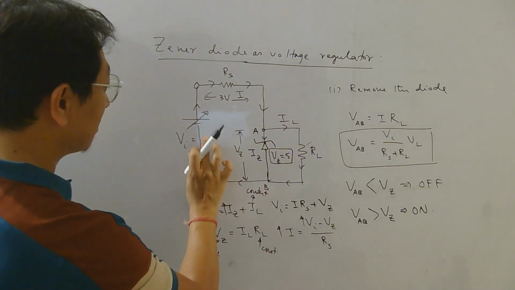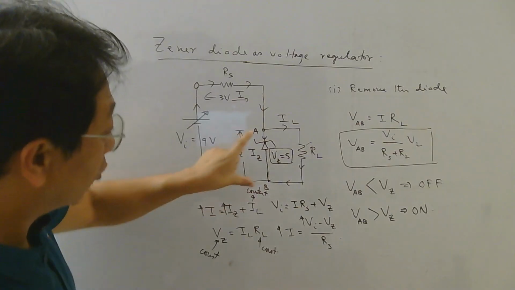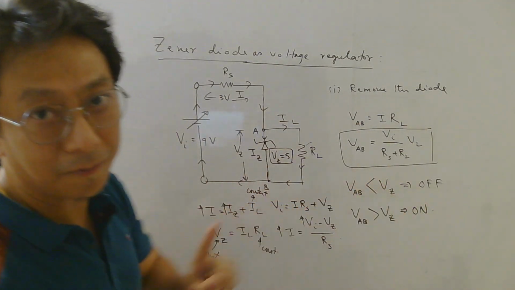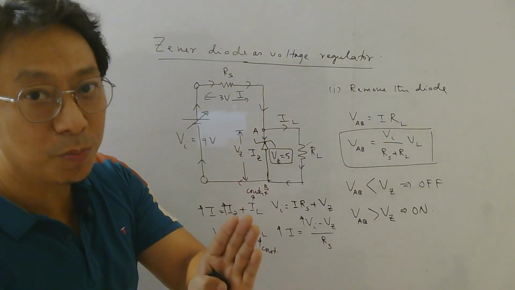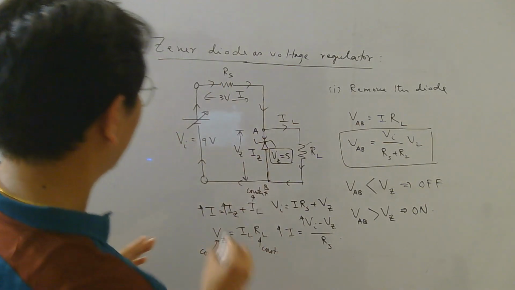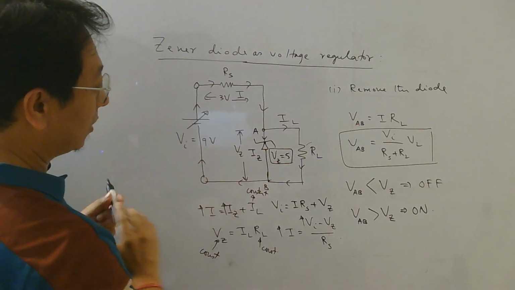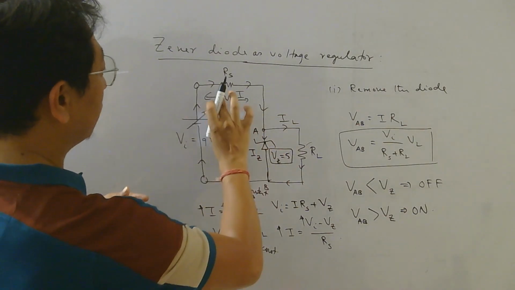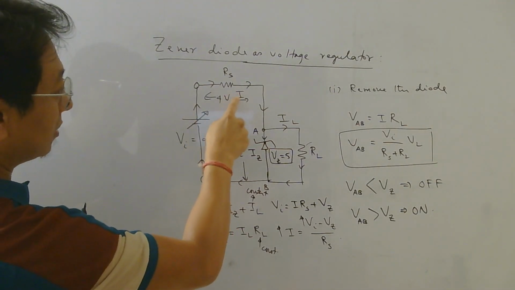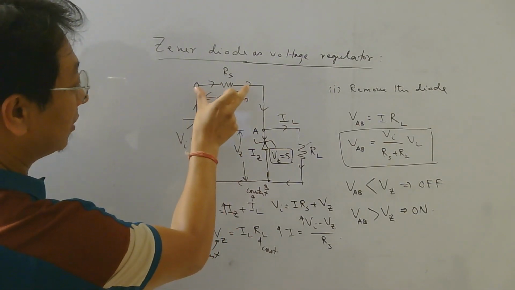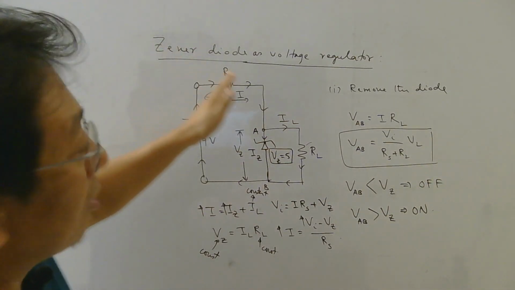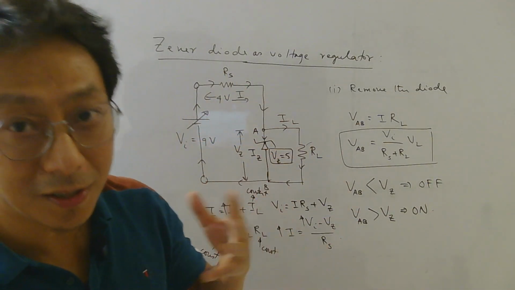Later, if this becomes 9 volt, then the voltage here will not change if you are in this state, meaning the diode should be working in the reverse breakdown region, right? So if this is 9 volt, then here 5 volt, then here 4 volt should come, which is possible because when voltage increases, this current increases, so the voltage here will also increase. So this is how Zener diode is used as a voltage regulator.